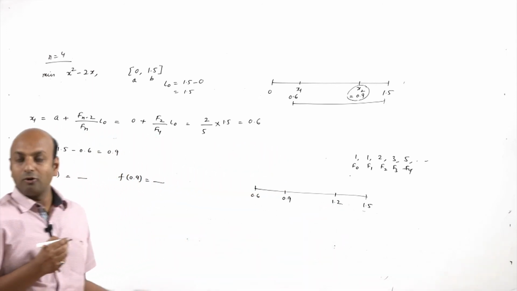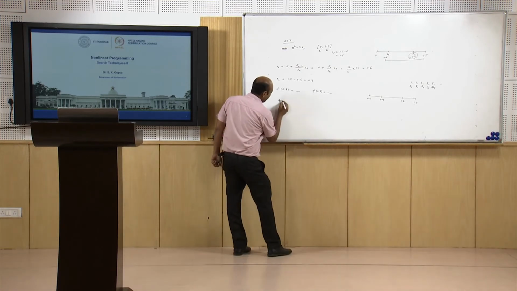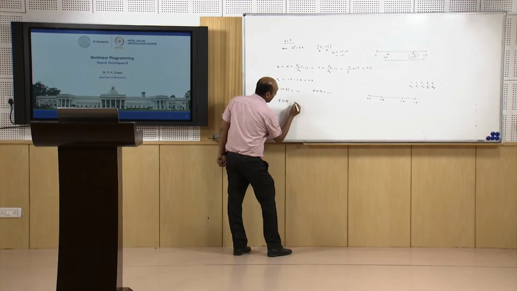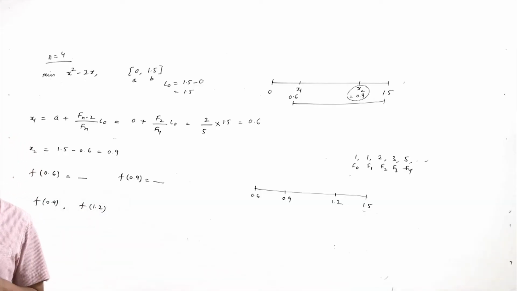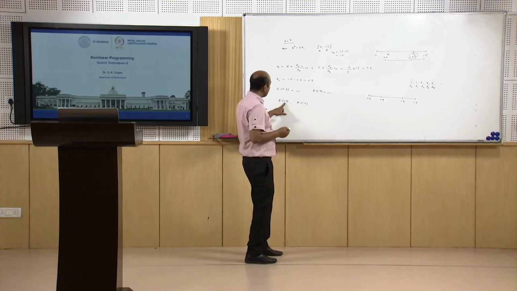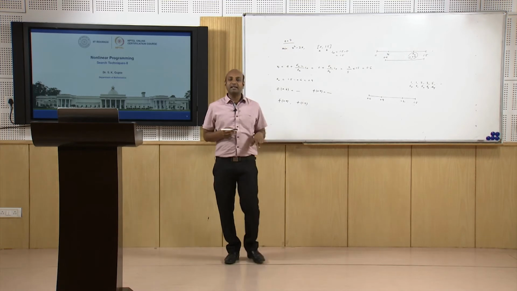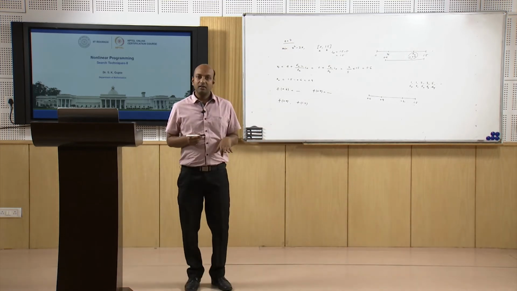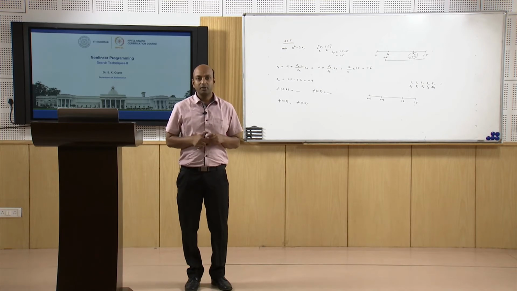Now, you will find the value of the function at the two experiments. Again you will find f of 0.9 and f of 1.2. Again you will see whether f of x1 is less than or greater than f of x2. This will decide the next interval of uncertainty, and the same process continues till n equal to 4, till we find the 4 experiments.